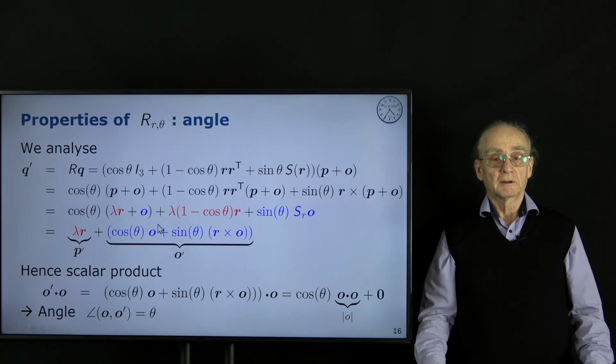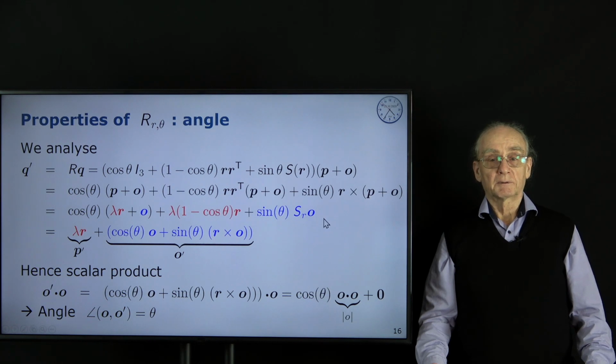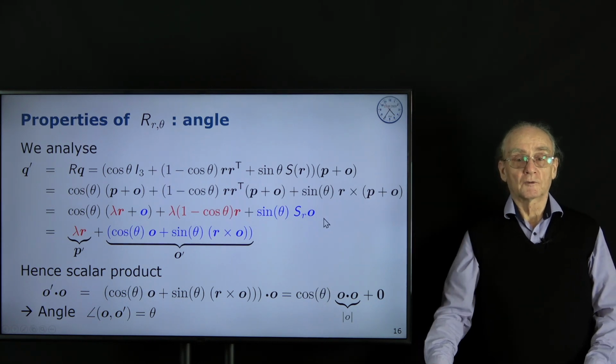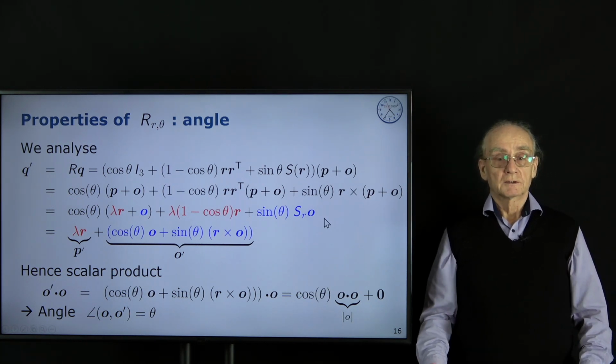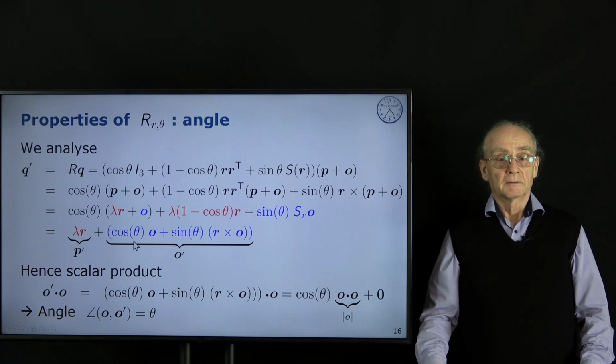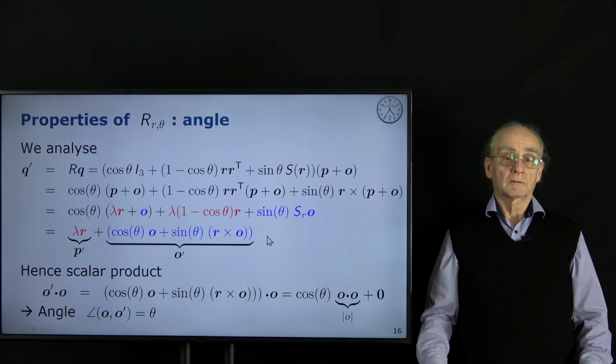And we are left with the expression with respect to o. So we have cosine theta multiplied with o. This is this part. And we have the sine theta multiplied with S, cross product of o. So we have this expression for the rotated part o.